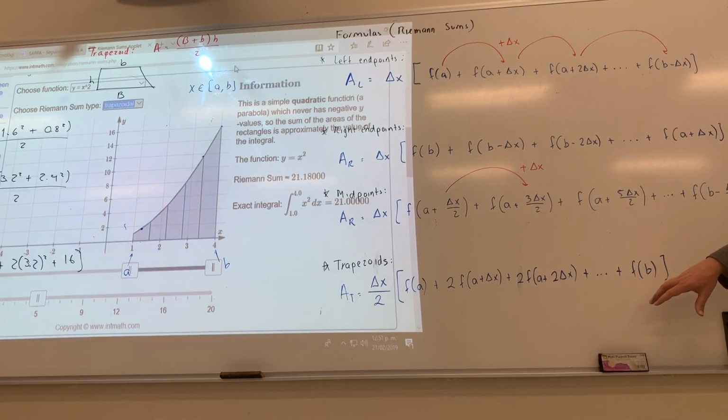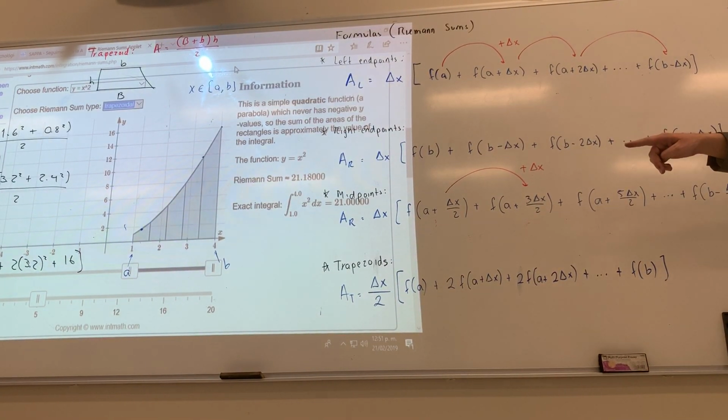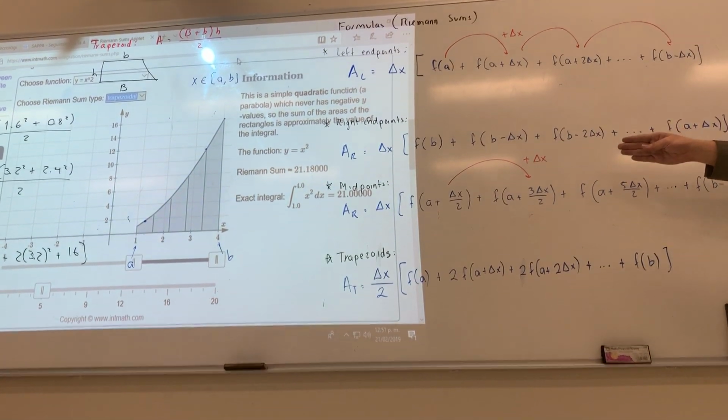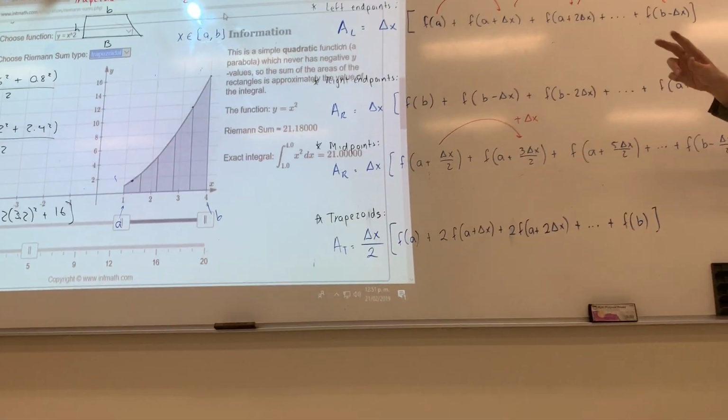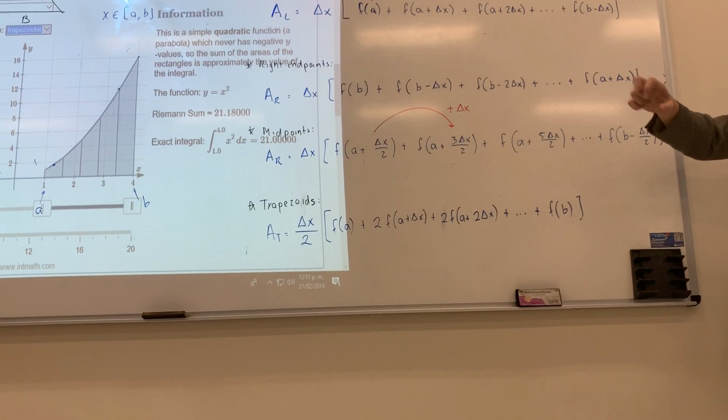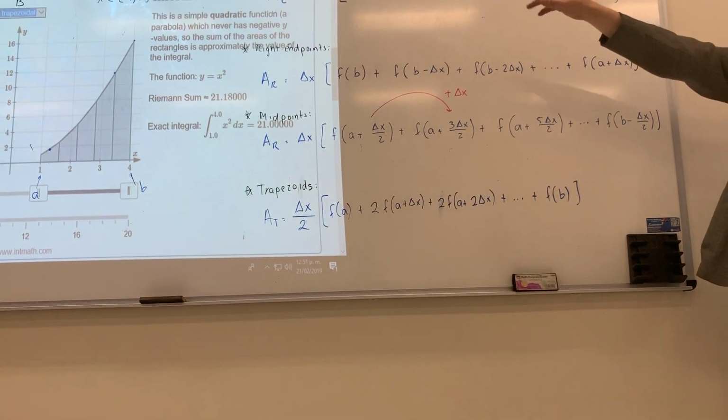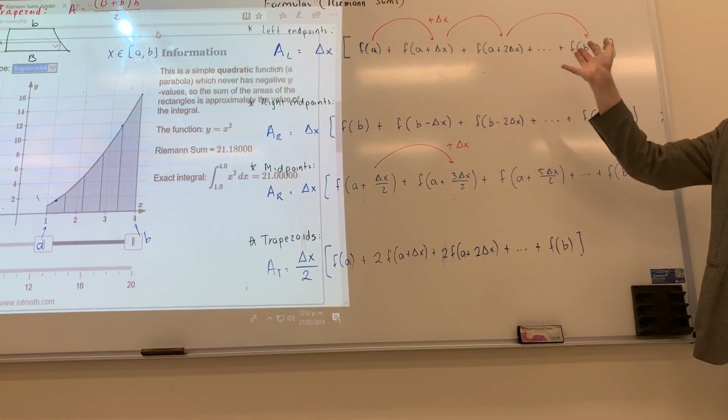Is that clear? The last one is just what I did in there. Except the first one and the last one, all the other ones are just multiplied by 2.